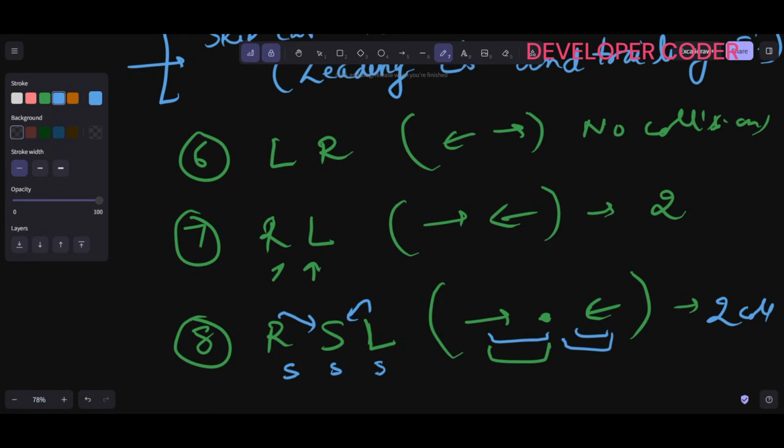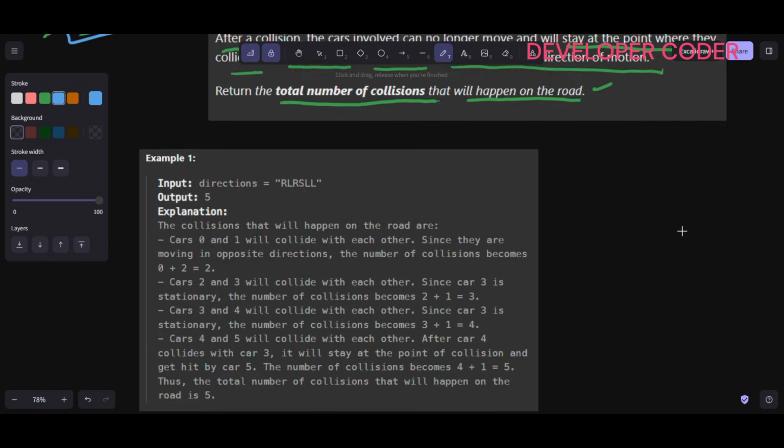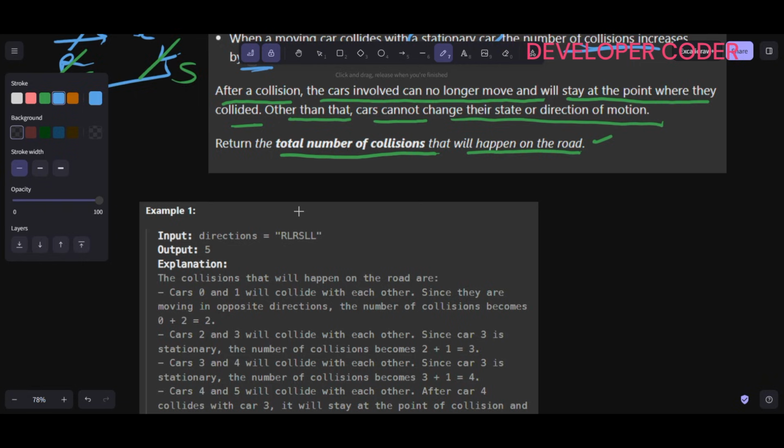So here if you notice now, let's see these examples. Okay, so here I can write it like this: right, left, right, stop, left, left. So right means this direction, left means this direction, right means this direction, then stop, then left, then left. Okay, so there are no leading L's and trailing R's, so we can't skip, right?